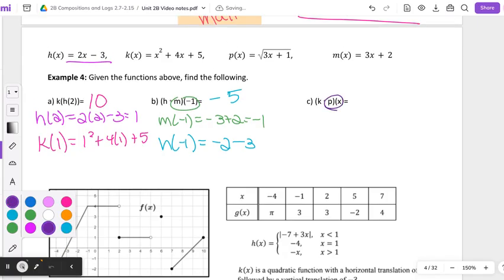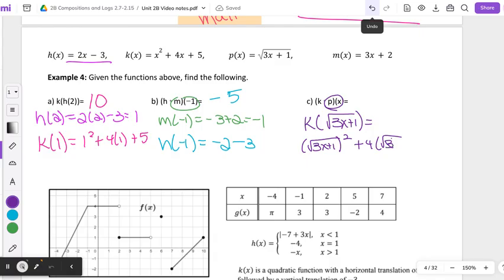All right, p of x. So p of x is the radical. That goes into k now. I'm going to come down below it because we're going to have to write a bit. So if we square the square root, I just get the radicand 3x plus 1.